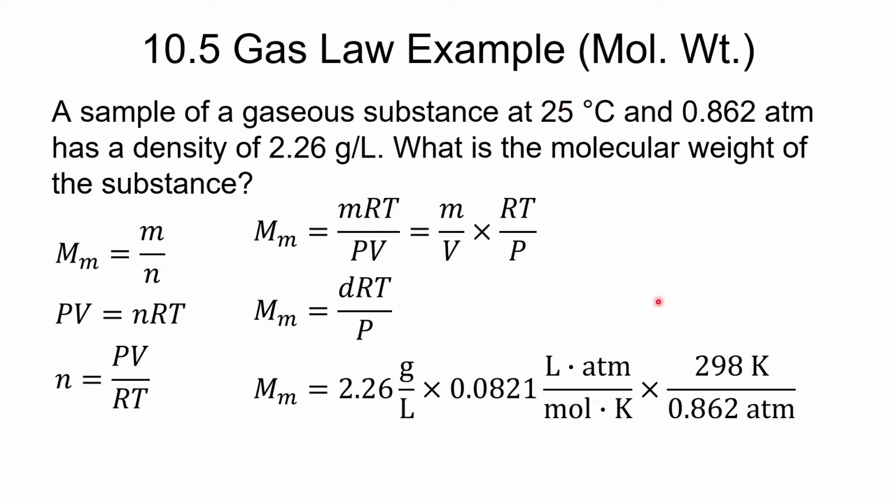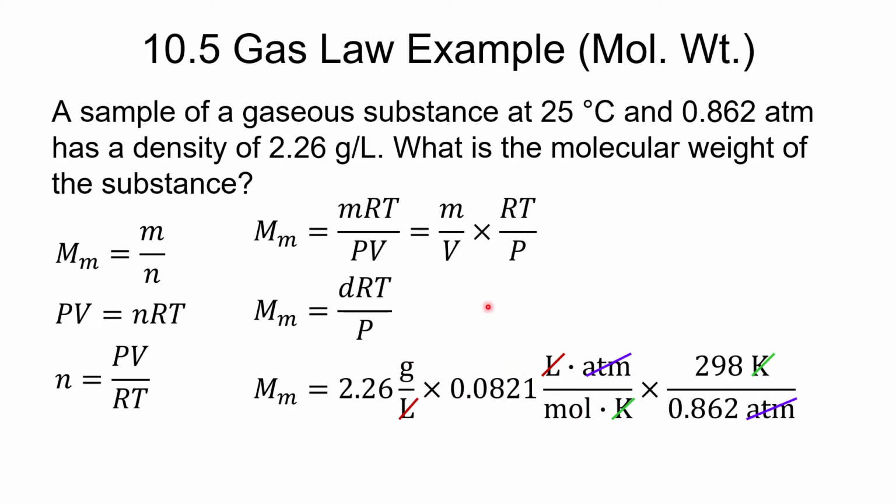Temperature, we do need to convert to Kelvin. That's still true at 298. And then our pressure was given in atmospheres conveniently, so 0.862 atmosphere goes in there. And now we can cancel out some units. So we'll see liters cancels out, atmospheres cancels out, and Kelvin cancels out. It leaves us with grams per mole, which happens to be the units for molar mass.